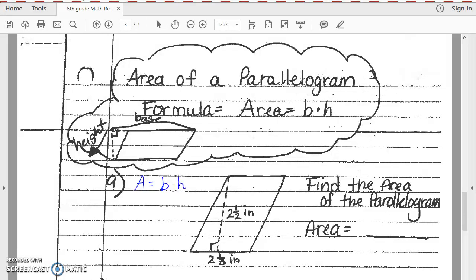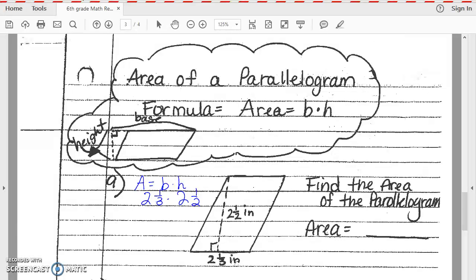Okay, so in this case, my base is 2 1/3 times my height, 2 1/2. Do you know how to multiply mixed numbers? How do I do it? What am I going to have to do first if I'm going to multiply them? Improper fractions.